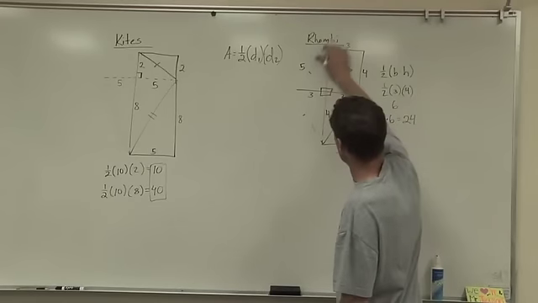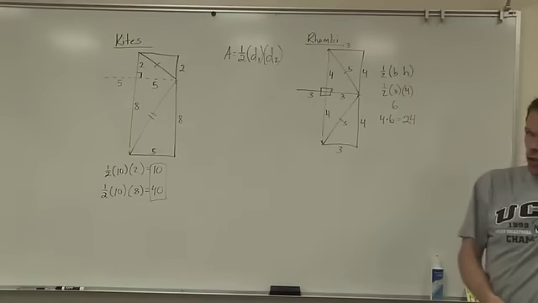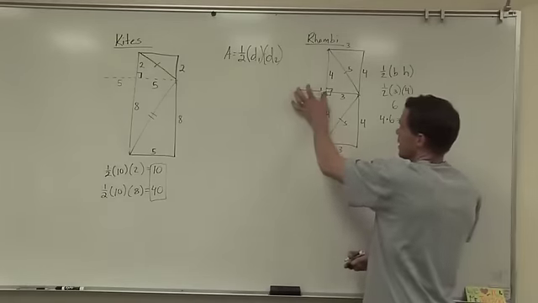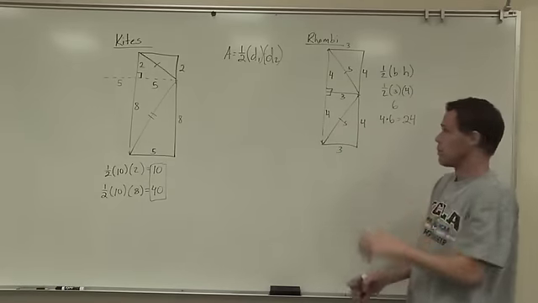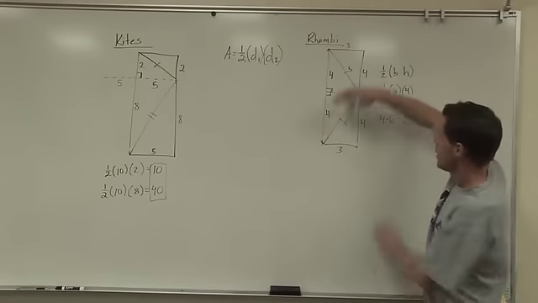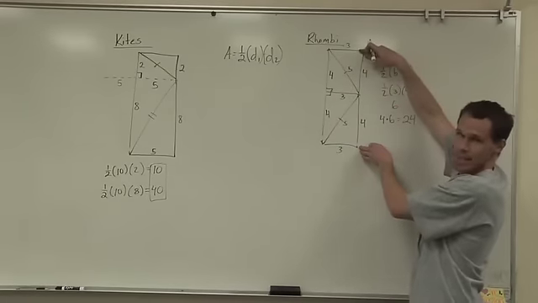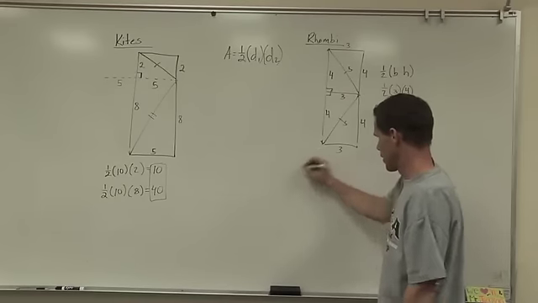Now if I erase this, I'll leave the 3 sticking out there. Notice it is turned into a rectangle. And this rectangle's area would be 3 base times height of 8. 3 times 8.